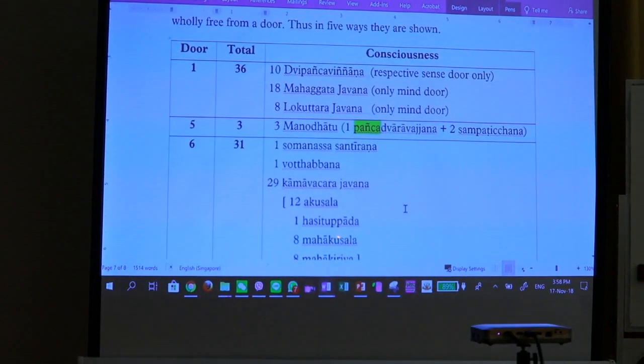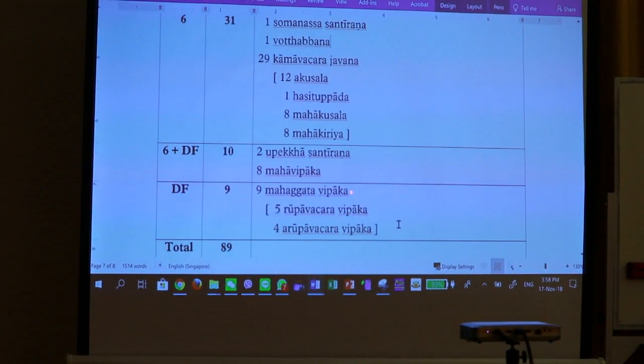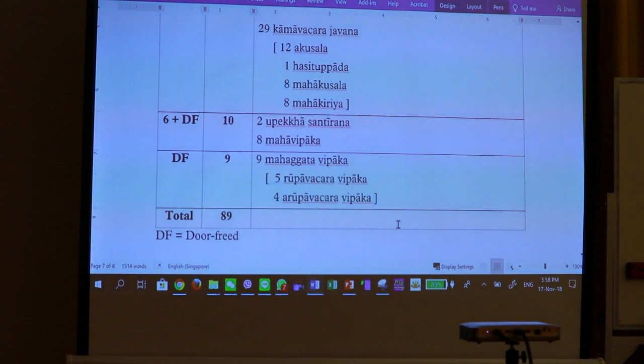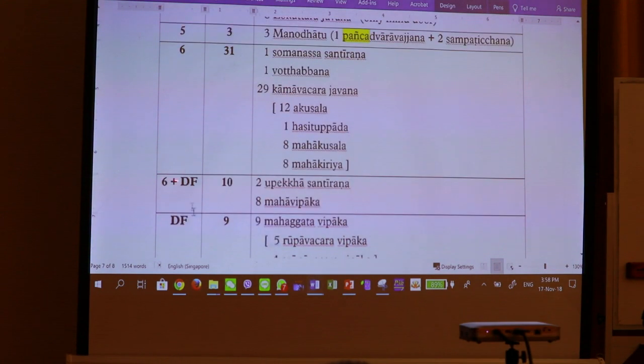Somanassa sahagatam, upekkha sahagatam, kamavacara javana, kusala, hasituppada, maha kusala, maha kiriya, upekkha sahagatam maha. Okay, but I think you know the meaning, no? Because I already explained before. This is the Chitta in Pali, but you already have the Chitta notes with their meaning. 6 meaning here, 6 dvi.